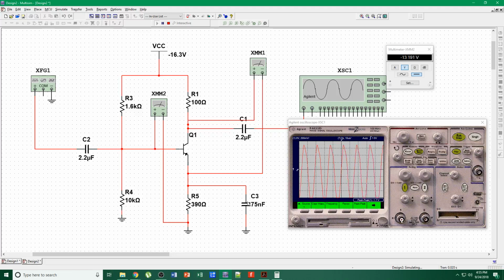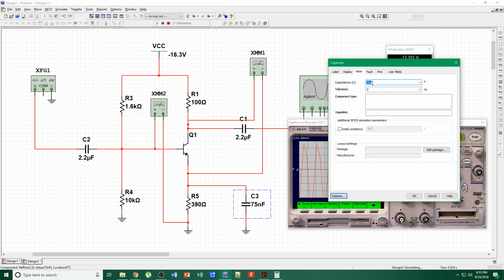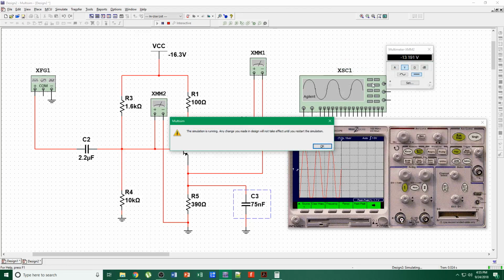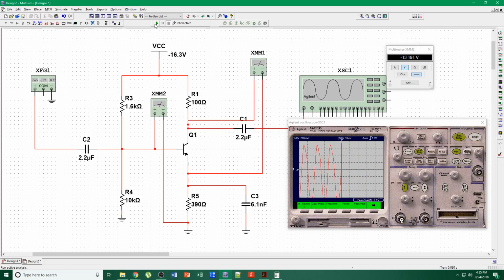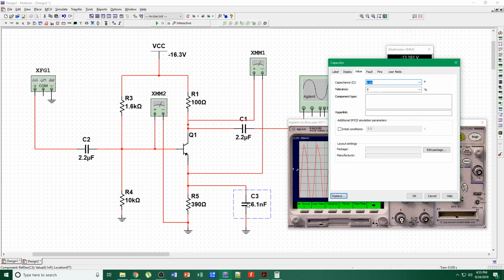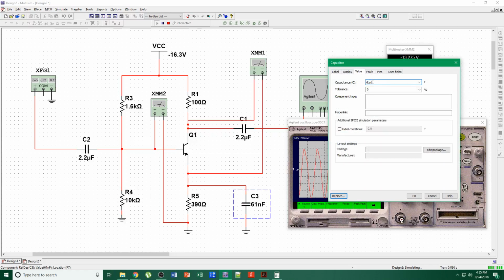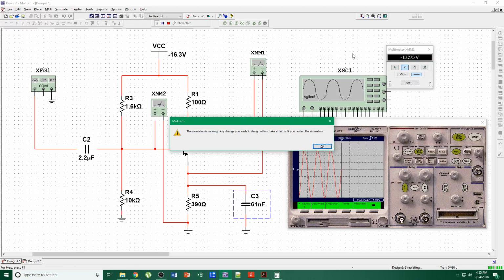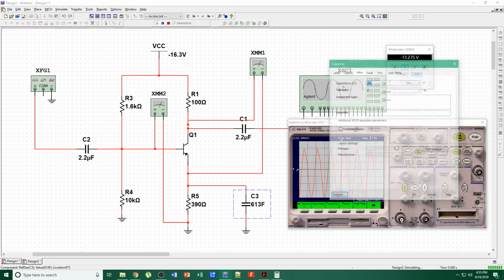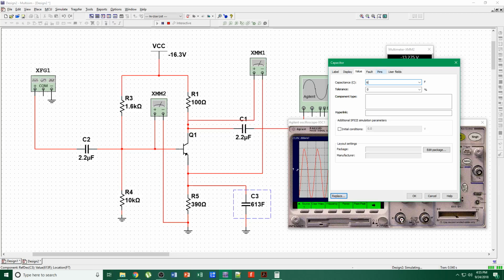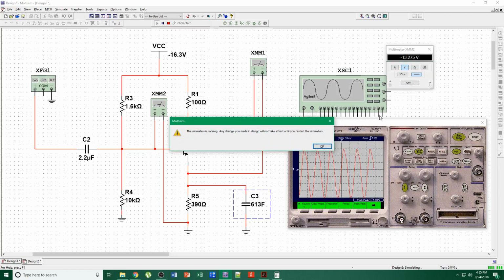One 1.69, 1.7, 6.1 nano. 61. My bad. .39. 63. Jesus Christ. 63 nano.